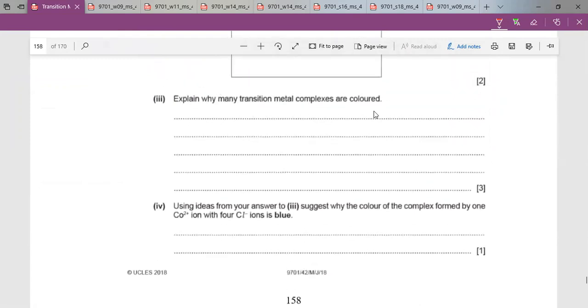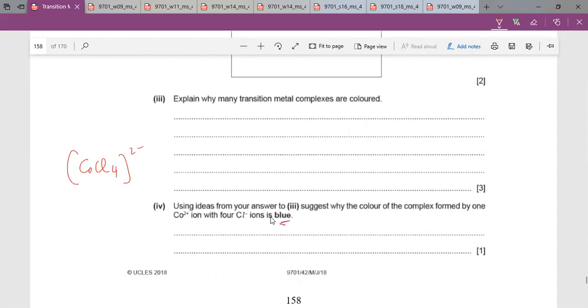Explain why many colors, same marks in it, using ideas that suggest why the complex is colored. Now see, they say it's blue. This is very specific. Explain why the cobalt. Remember, cobalt chloride is CoCl4. Now remember, tetrahedral and octahedral split differently. I forgot to tell you about this. Why is it blue? For 1 mark.